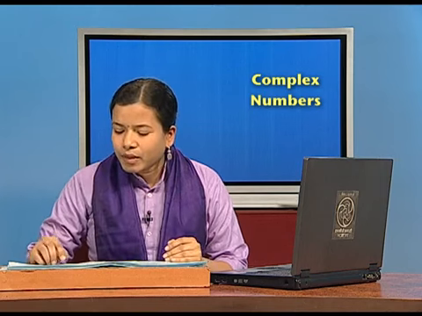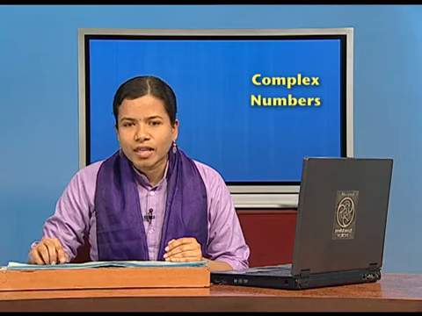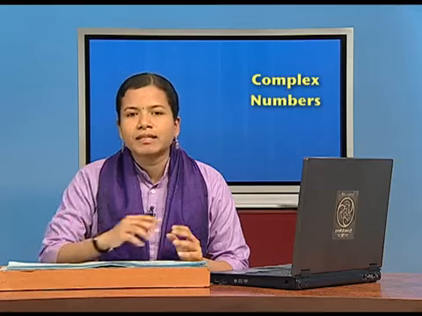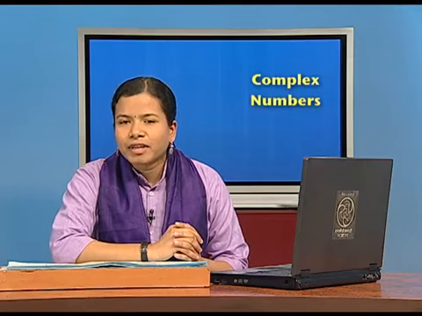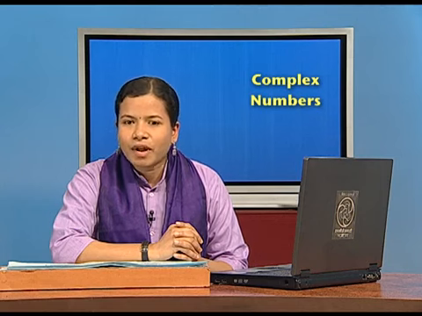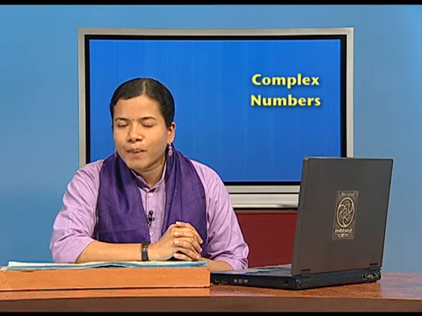For example, the square of 2 is 4, and again if we take the square of -2, it's again 4. It means in case of real numbers, whether the number is positive or negative, its square is always positive. And since we cannot find a real number whose square will be a negative number like -1, therefore we can say that i can never be a real number.